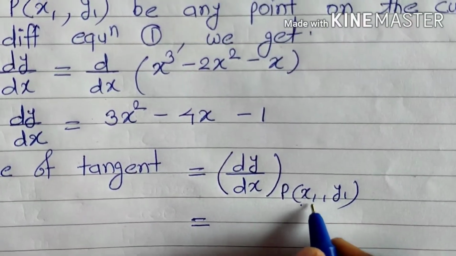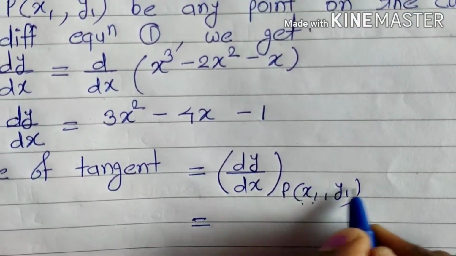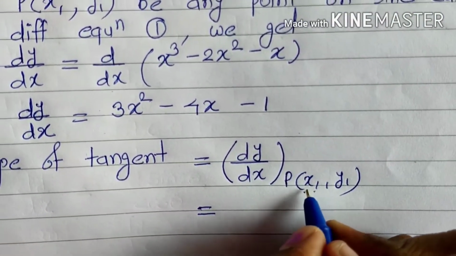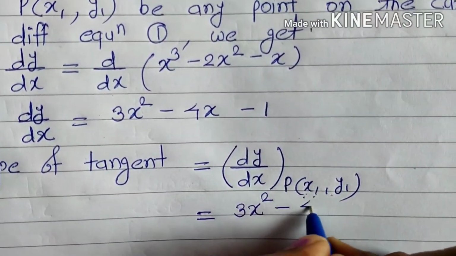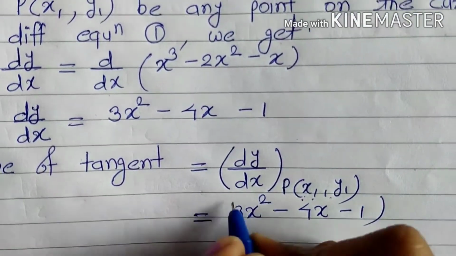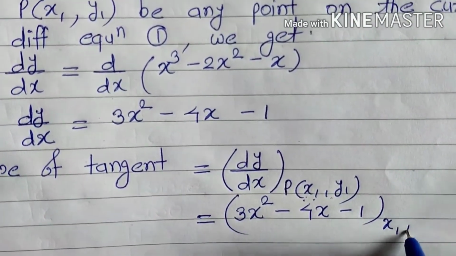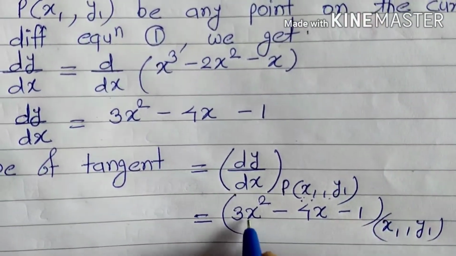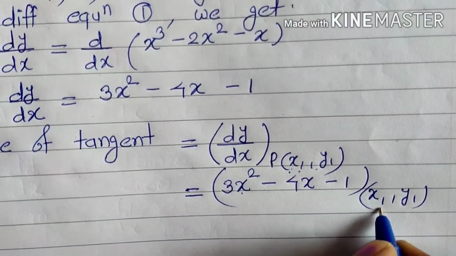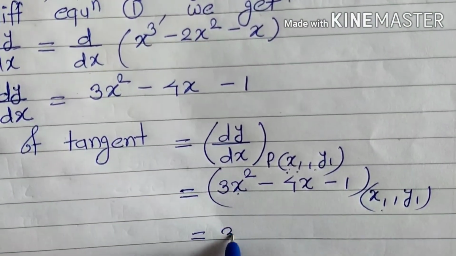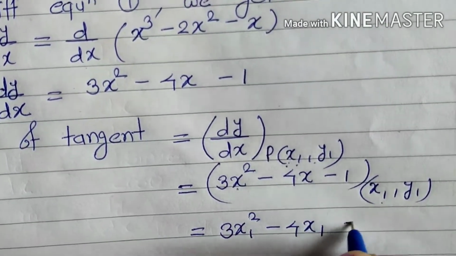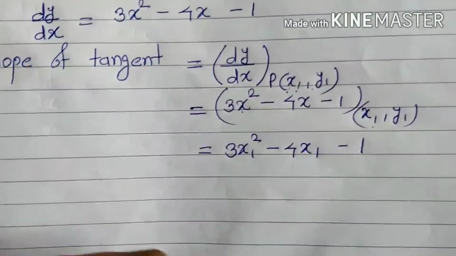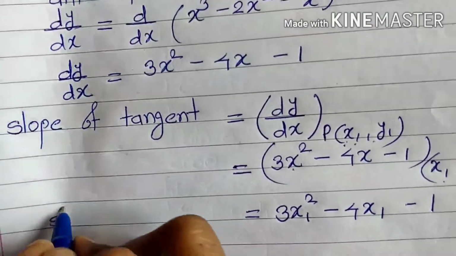Remember here our point is unknown, so we take x1, y1. Now instead of x you have to put here x1. So it will become 3x1 square minus 4x1 minus 1. This is the slope of tangent.